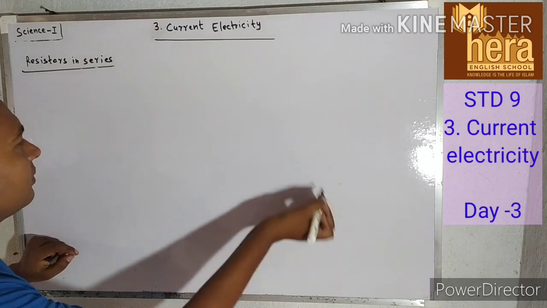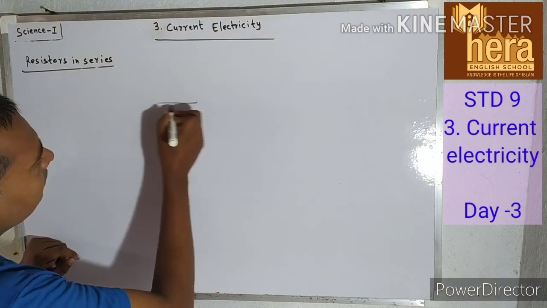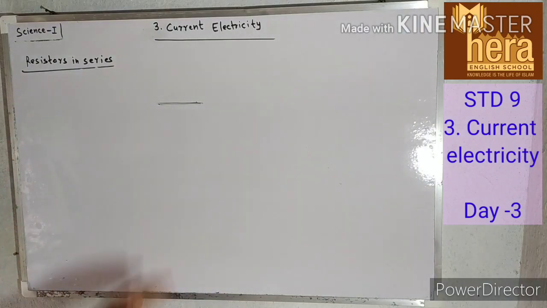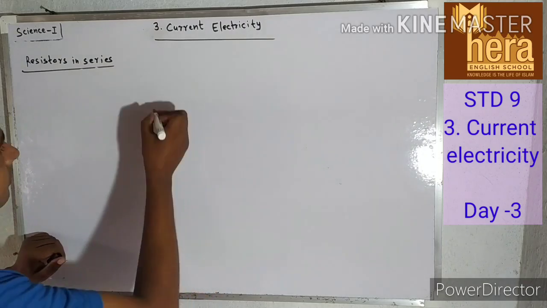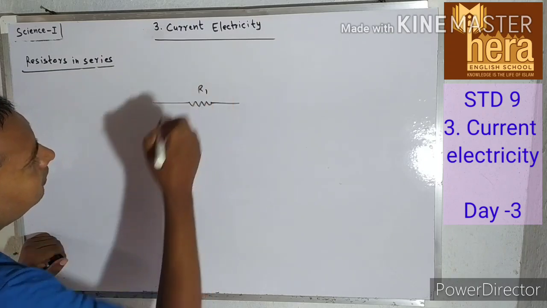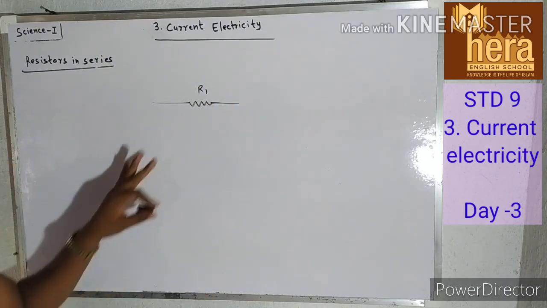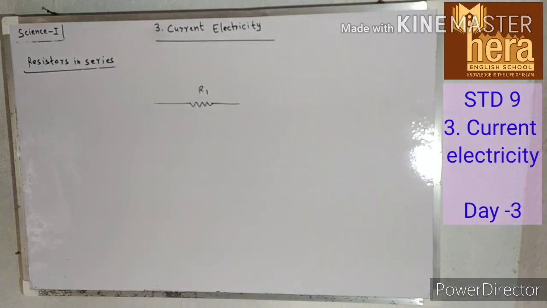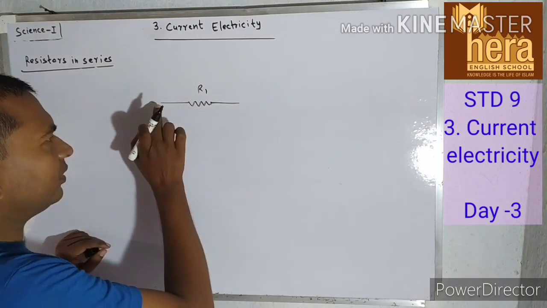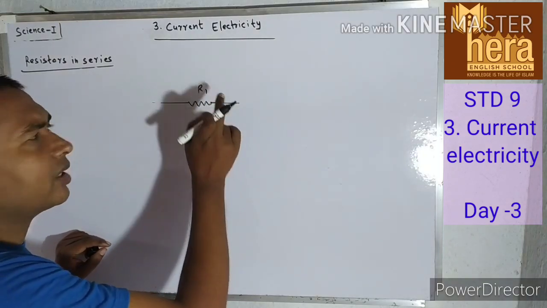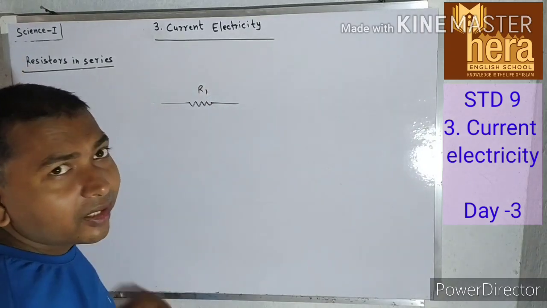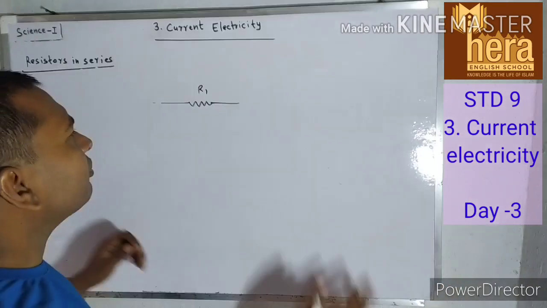Say this is R1. Is this visible? Yes, this is visible, R1. There are two terminals, terminal number 1 and terminal number 2. If resistors are connected back to back, it means what?